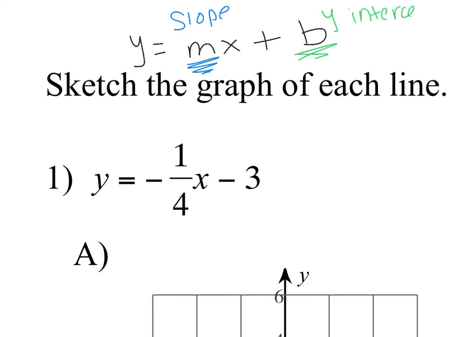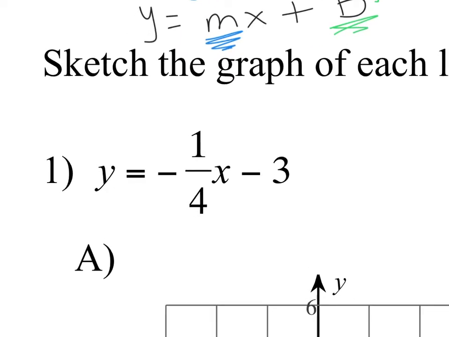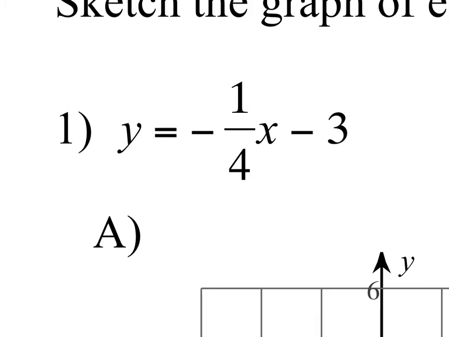So we can actually use the slope-intercept form and the fact that it's multiple choice to narrow it down. If I look at the equation I'm given in number 1, the first thing I'm going to notice is the slope is a negative slope.